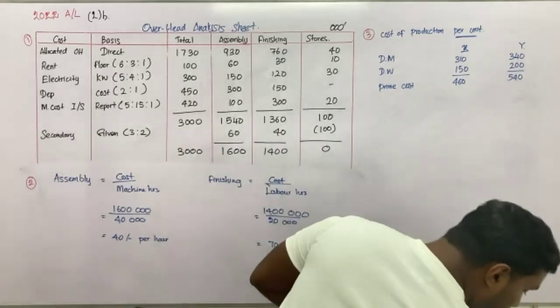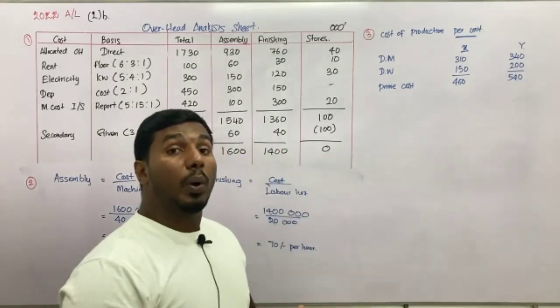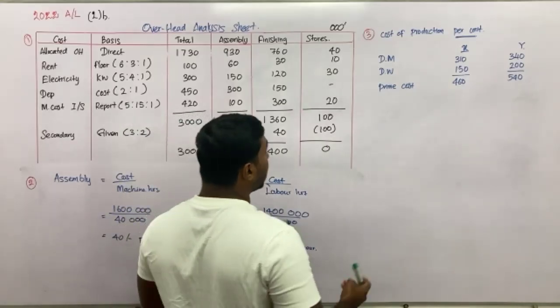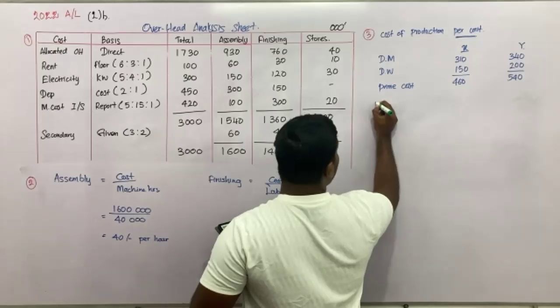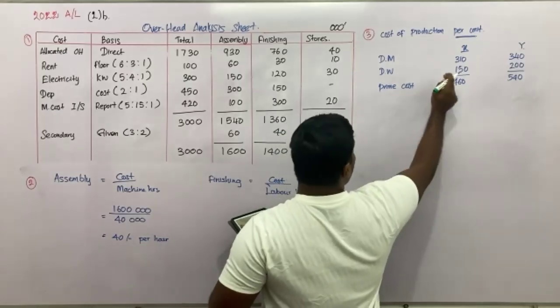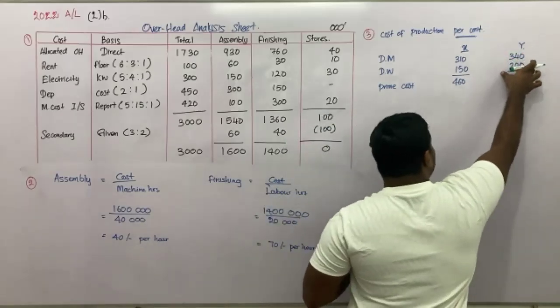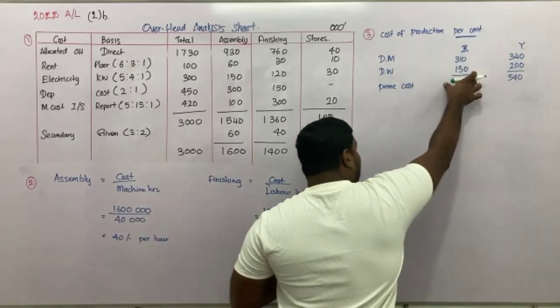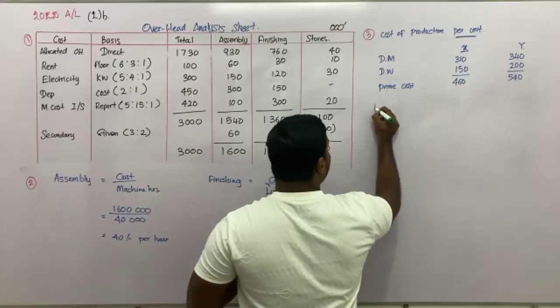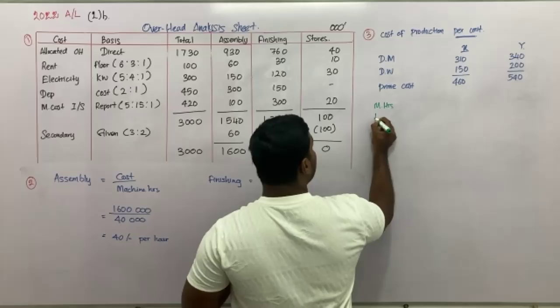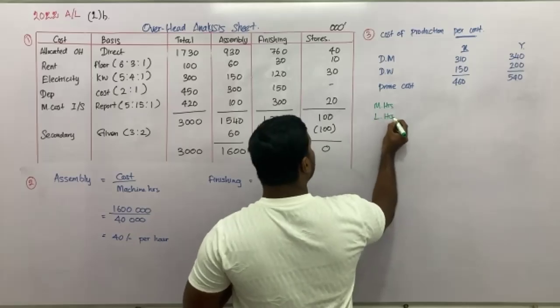After that, we'll calculate the overheads. Okay, how to calculate the overheads? Machine hours is given. Okay, so this is a product, right? So each product consists of machine hours and labor hours. Don't confuse, right?